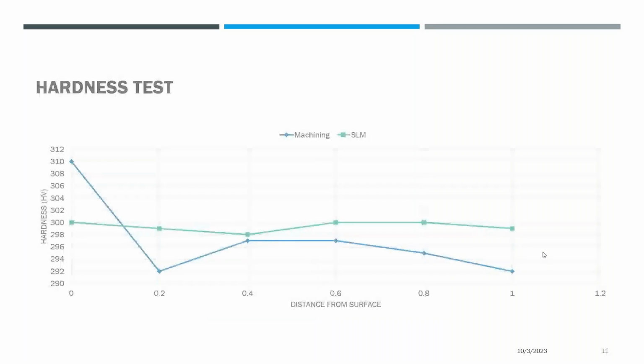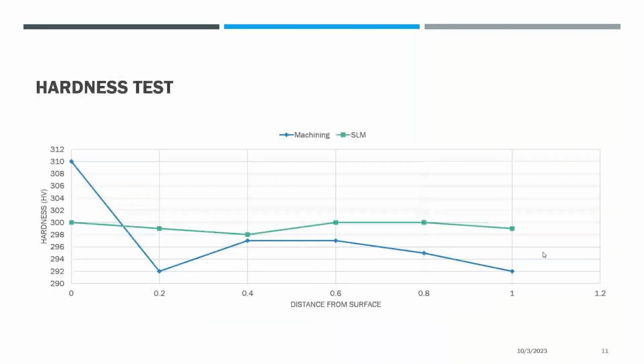The hardness test, as you can see, there's not much difference between the manufacturing techniques of cast and machining and the SLM technology. So there isn't quite an advantage using SLM over machining.